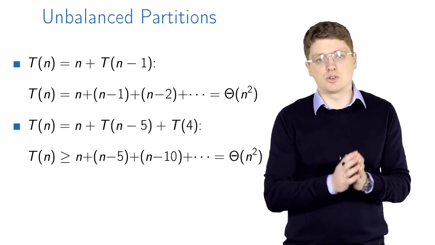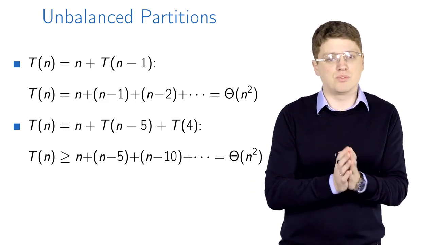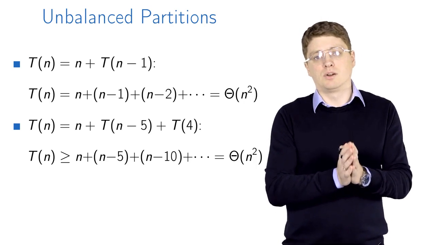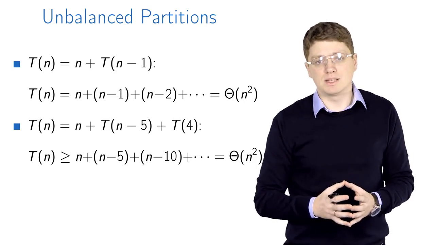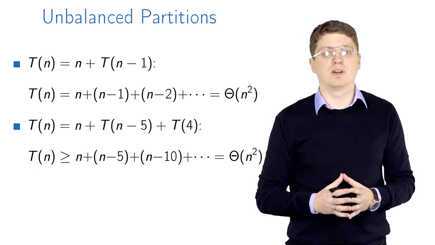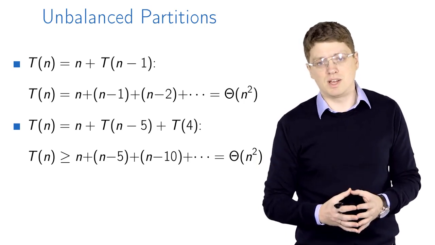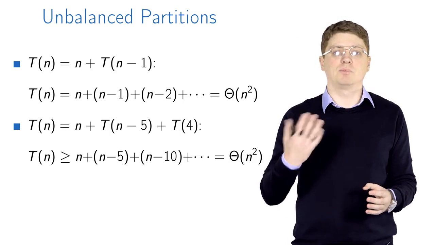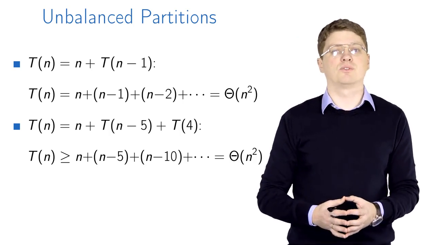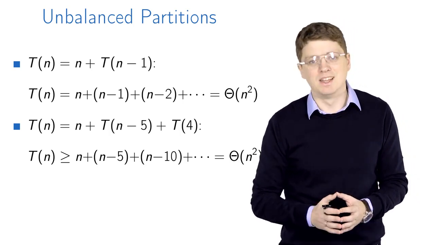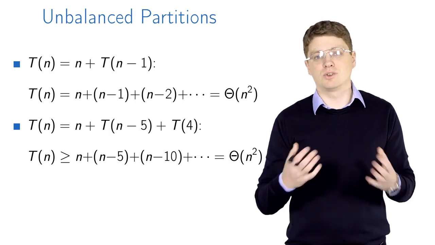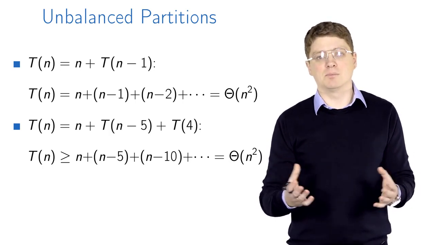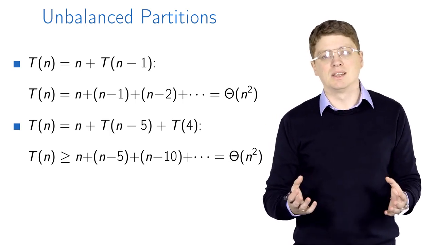So let's just throw away this T of 4 and leave only T of n minus 5. And so T of n is equal to n plus T of n minus 5. Let's replace T of n minus 5 with n minus 5 plus T of n minus 10. Let's then replace T of n minus 10 with n minus 10 plus T of n minus 15 and so on. So this leaves us with the following sum: n plus n minus 5 plus n minus 10 and so on.